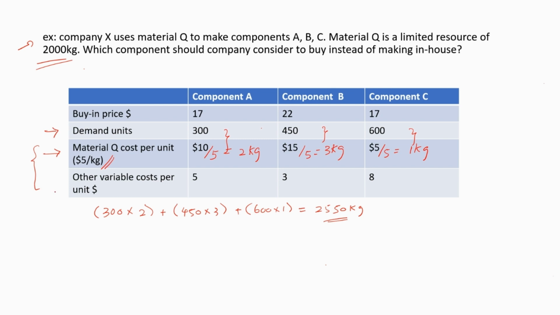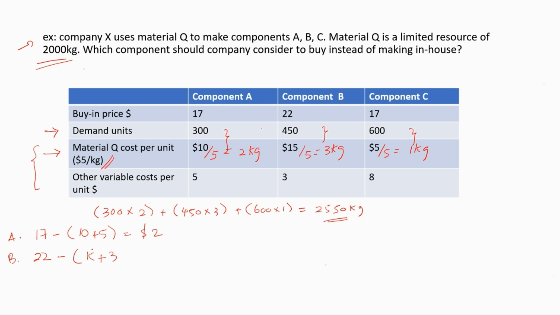These are the costs that will be incurred to produce the components in-house. These are variable costs. For component A, the buy-in price is 17 minus the relevant cost to produce, 10 plus 5. This is equal to $2. For component B, the buy-in price is 22 minus the relevant cost to produce, 15 plus 3.